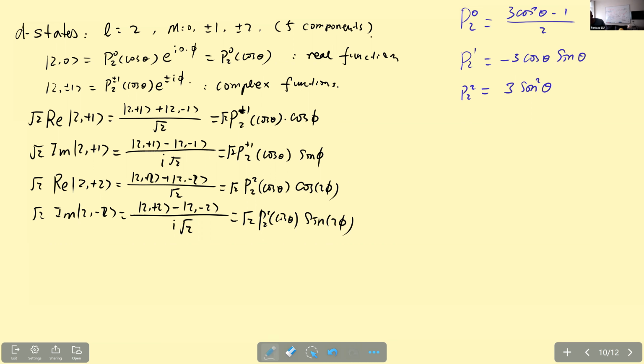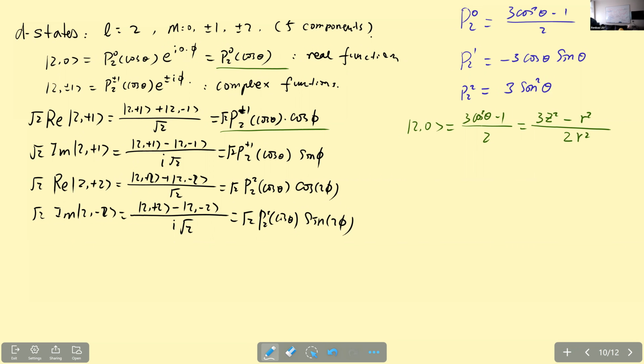With this, let's check one by one. Let's look at this one first. This 2,0 state equals a constant times 3 cosine squared theta minus 1. And if we write this in terms of x, y, z, that will be a constant times 3z squared minus r squared divided by r squared. And how about this term?